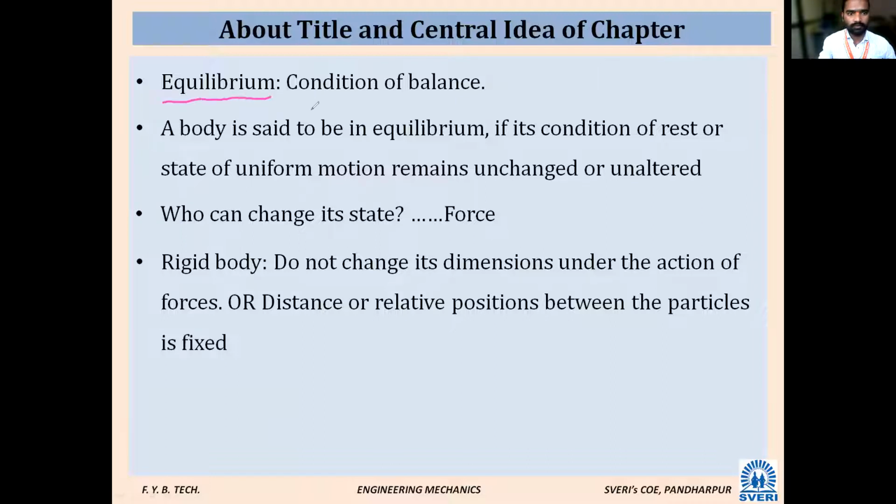First is equilibrium. Then a body. Then who can change it? Don't read this one, okay? Or if you want to write it, no problem.